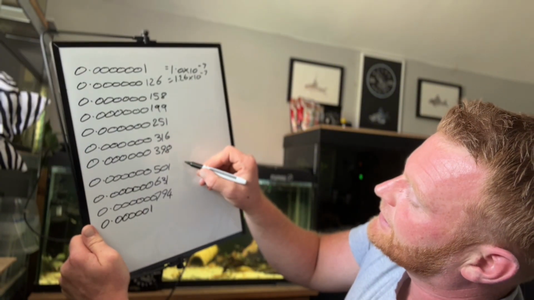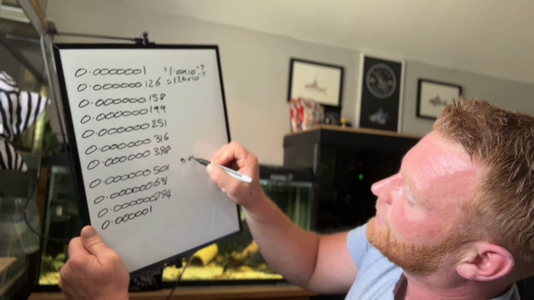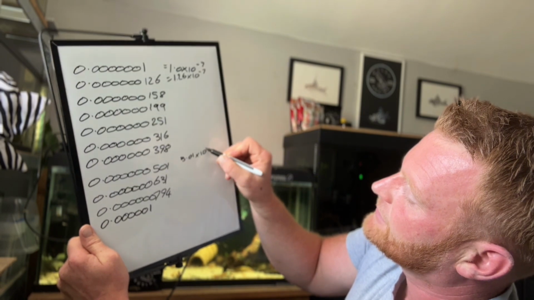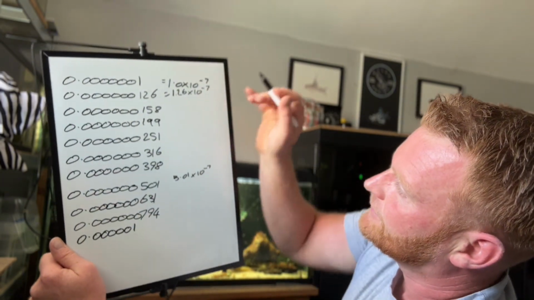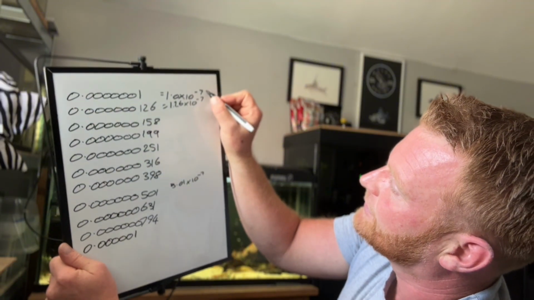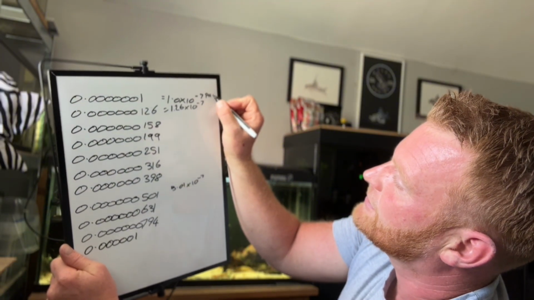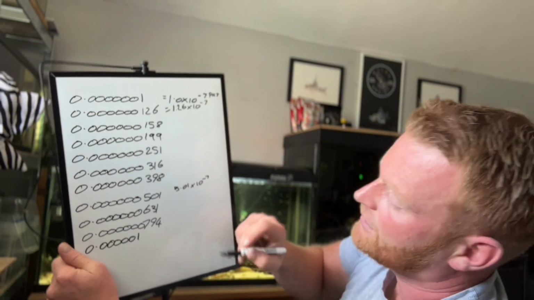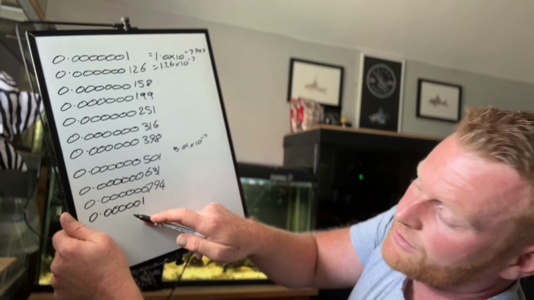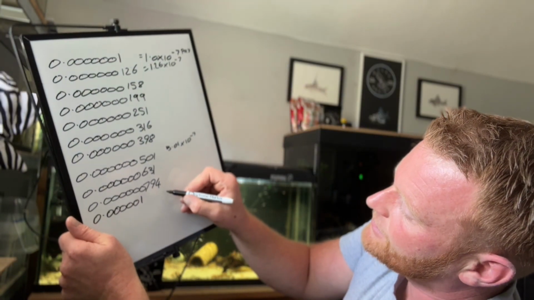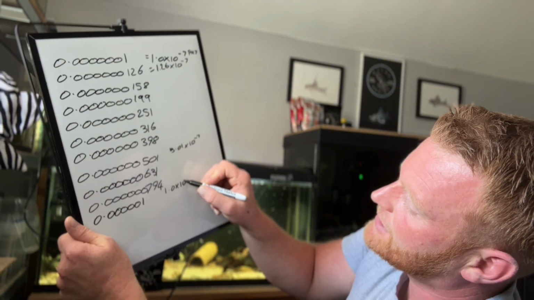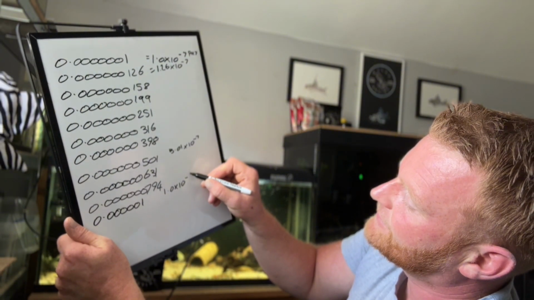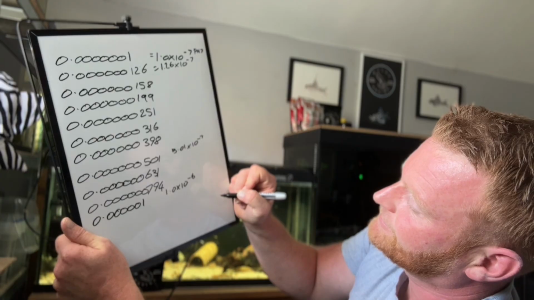This one is 5.01 times 10 to the power negative 7. This top number is also known as pH 7. This number all the way down at the bottom is known as 1.0 times 10 to the power negative 6.